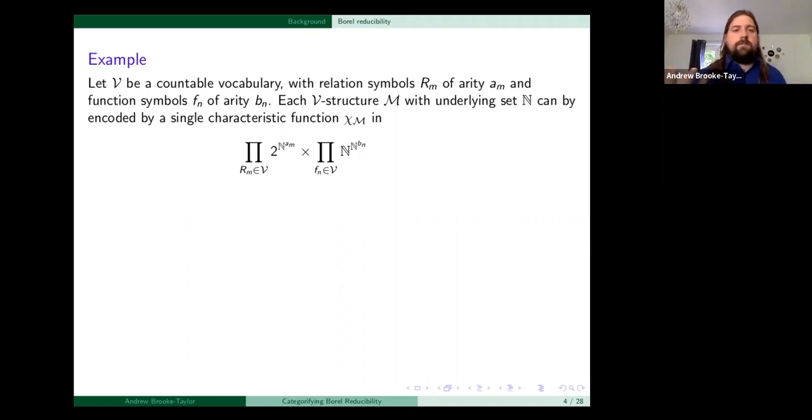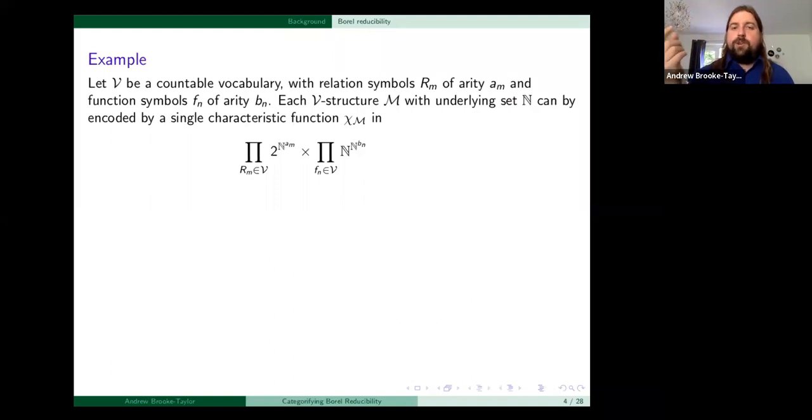If you've got some countable vocabulary or language, if you like, with relation symbols and function symbols, then if you've got a V structure with underlying set the natural numbers, you can encode that by a single characteristic function in this product space, where for each relation symbol R_m of arity A_m, think of the characteristic function of the relation.